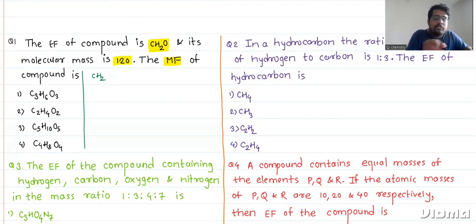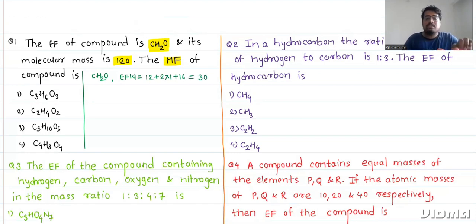Let us first calculate its empirical formula weight. The empirical formula weight is equal to carbon 12, plus hydrogen 2 into 1, plus oxygen 16, which is equal to 30. So the empirical formula weight for CH2O is 30.